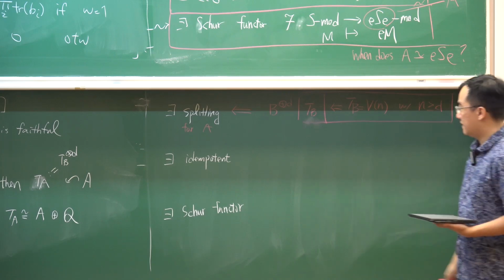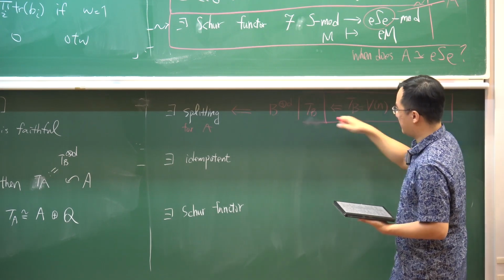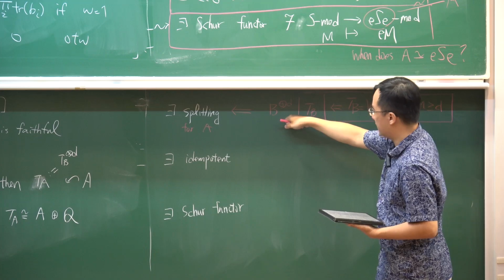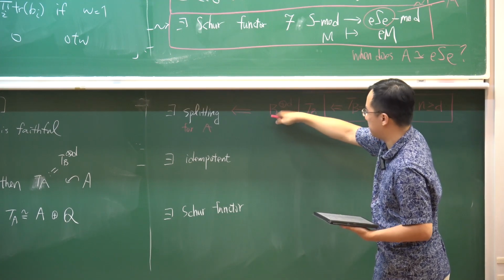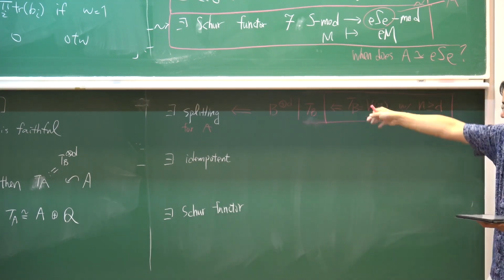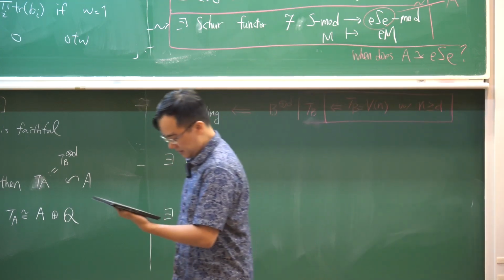This tells you that if this happens, you can always find D distinct direct summands isomorphic to B in your tensor space. And then this is the first step.